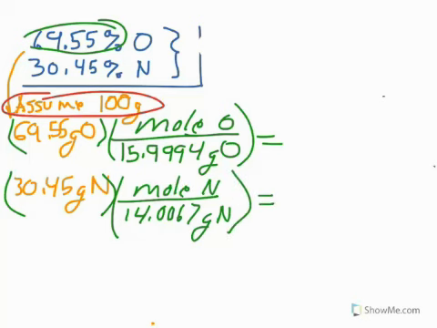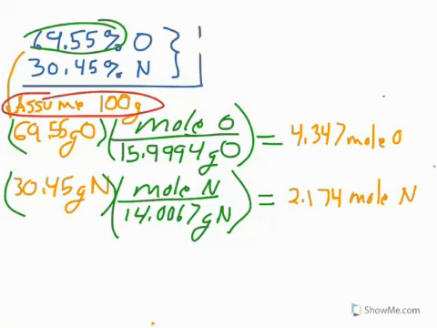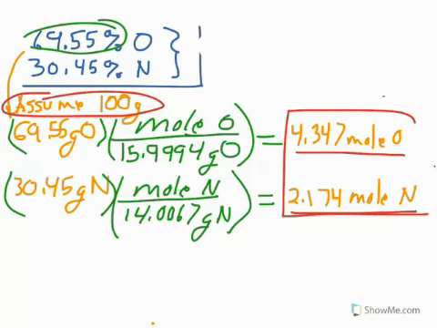By the way, different periodic tables might have slightly different numbers for these molar masses. So I calculate this and I get these two values, 4.347 moles of oxygen and 2.174 moles of nitrogen. So that's the moles of oxygen and nitrogen in 100 grams of our compound.